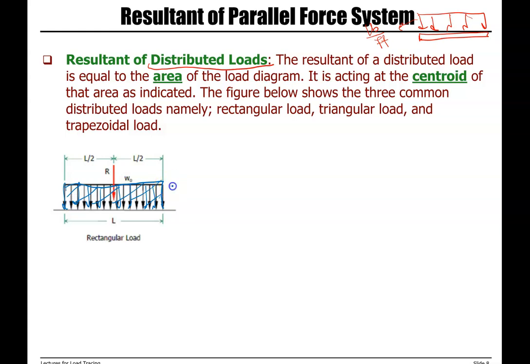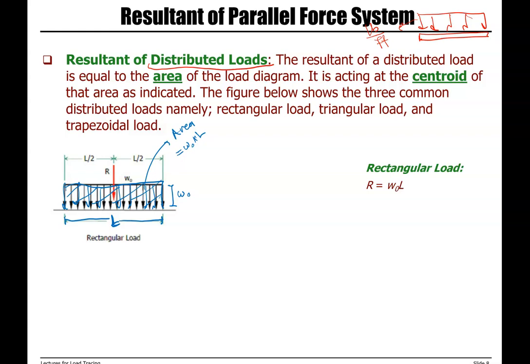The rectangle has this side W0 and this side, which is the length of our beam, L. So the area of this rectangle is equal to W0 times L, which is our resultant.